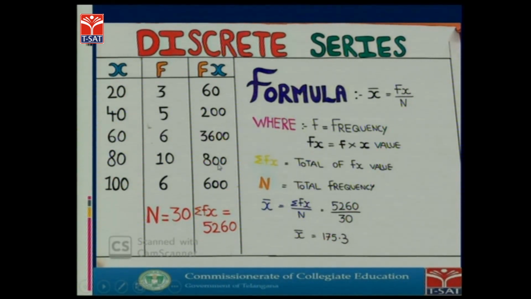So our sigma fx value is 5260 divided by n. How are we getting this n value? We have to add up all the frequencies, that is 3 plus 5 plus 6 plus 10 plus 6 is equal to 30. So 5260 divided by our n, which is 30. So x bar is equal to 175.3. In this way we have to calculate the mean in discrete series. That was a problem of mean in discrete series. So now let's see the third one, that is continuous series.